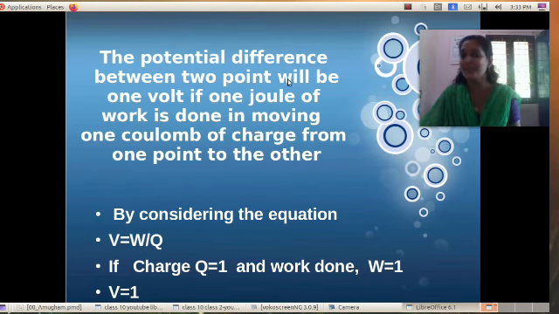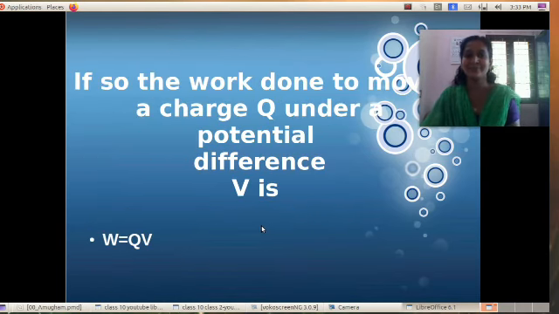If 1 joule of work is done, the unit of work is joule, in moving 1 coulomb of charge from one point to the other, then voltage or potential difference will be 1 volt. So the work done to move a charge Q under potential difference V is W is equal to QV.